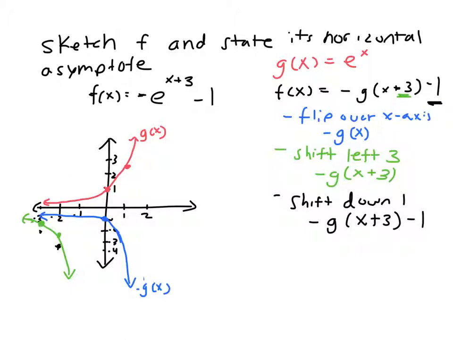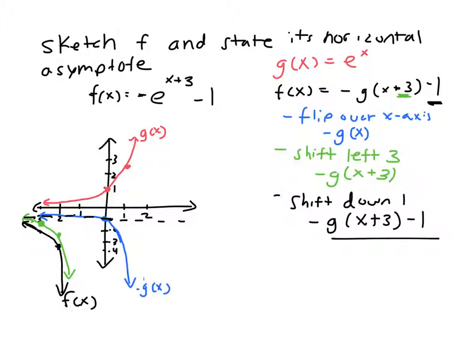Also, make sure when you're doing the shift down, you also shift down the asymptote. The asymptote used to be at y equals 0, so if I shift that down 1, it's going to be at y equals negative 1. So it'll be right there, and this is what my graph will look like. Finally, this is the graph of f of x.